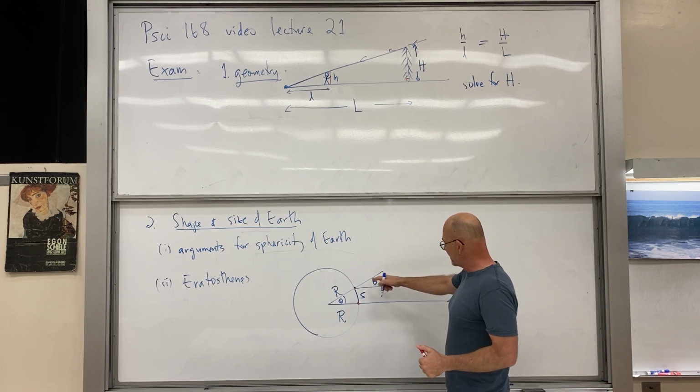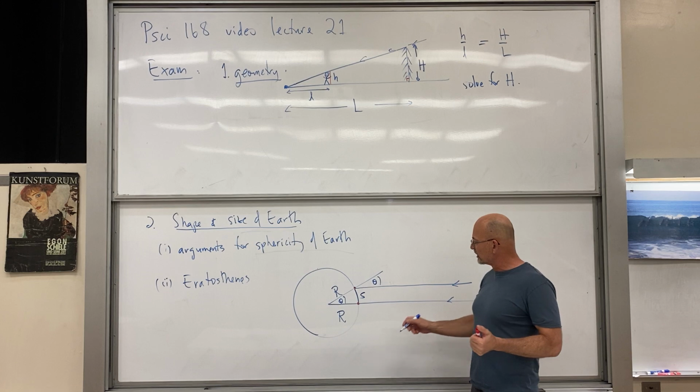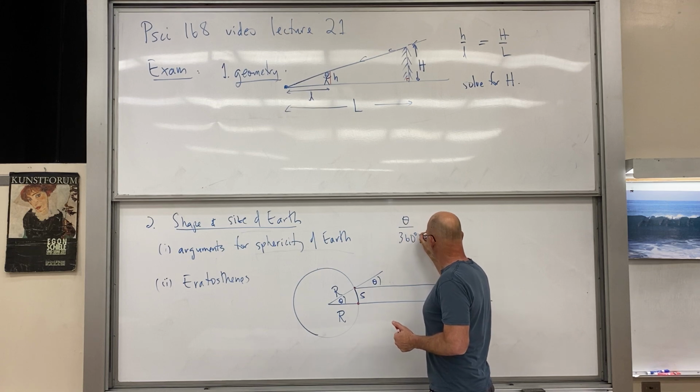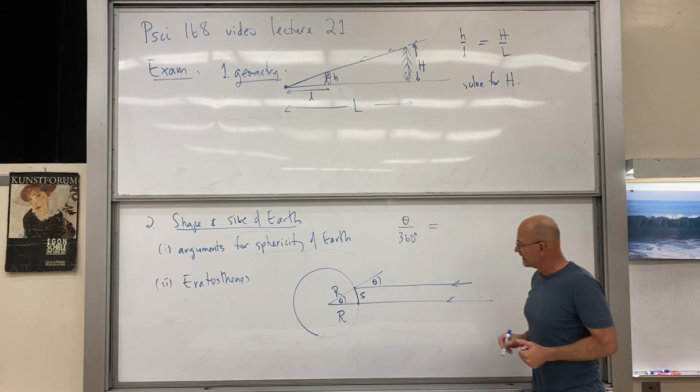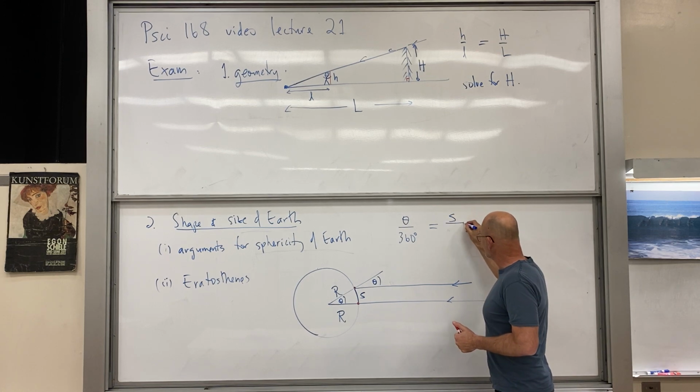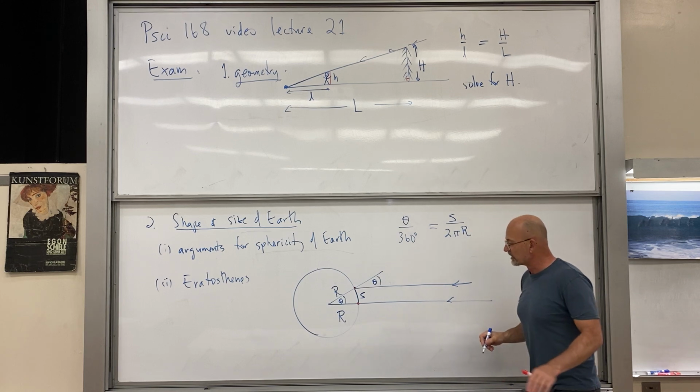And then we're going to use that there are 360 degrees in a circle, so we can say that that angle is to 360 degrees as that arc length is to the entire circumference of the Earth.